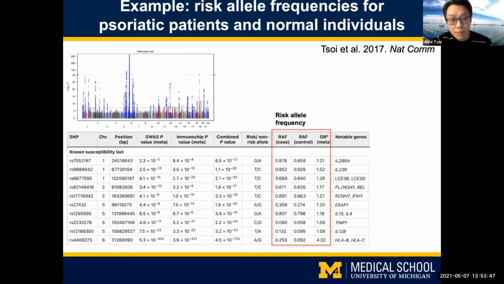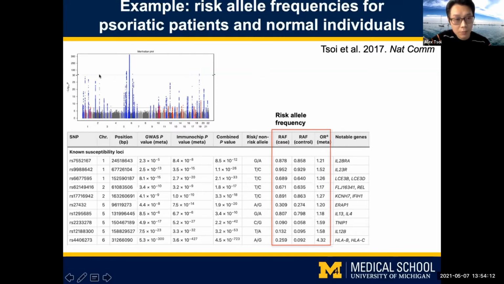As one example, this is a genetic study we published a couple of years ago, trying to identify genetic variations with allele frequency differences between psoriatic patients and controls. Each dot here represents a genetic variation across the different chromosomes, and the y-axis represents the log 10 p-value.